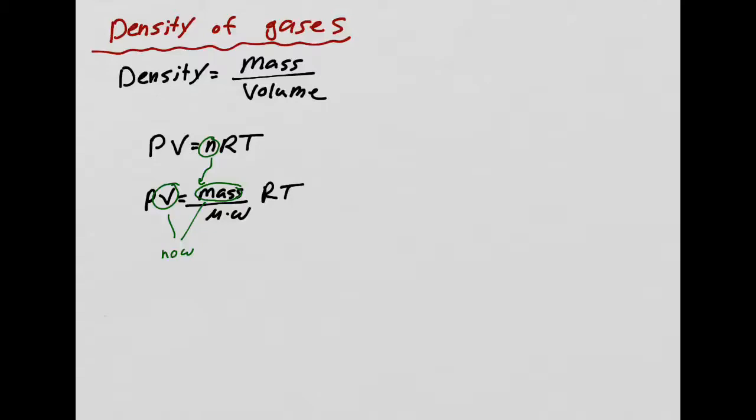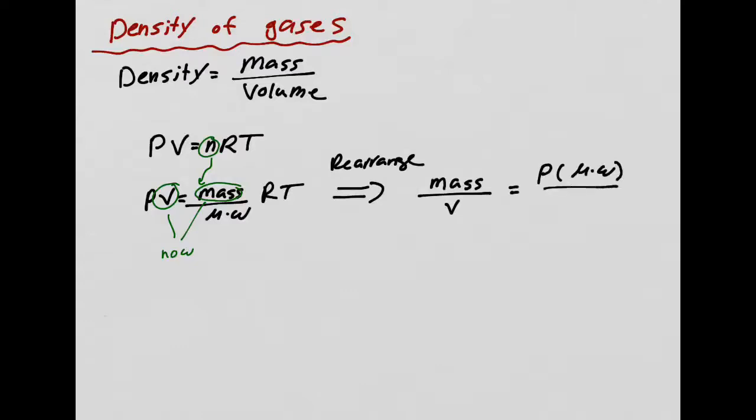So what I'm going to do, I'm going to rearrange this. So I would end up having the mass and volume on one side. Mass over volume on one side. Because mass over volume would equal density. That would be equal P times molecular weight over RT. So all I did, I had moles.